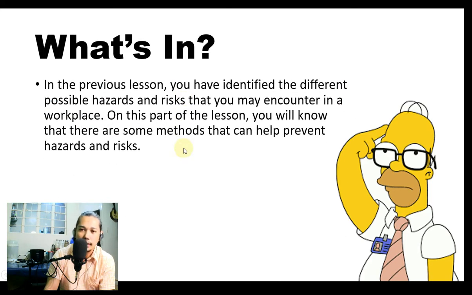In the previous lesson, we identified the different possible hazards and risks that you may encounter in your workplace. In this part of the lesson, you will know that there are methods that can help prevent the hazards and risks that may happen at your workplace.